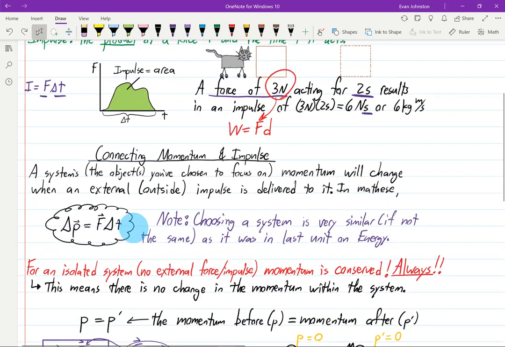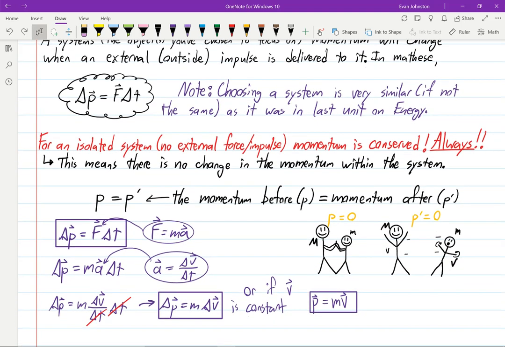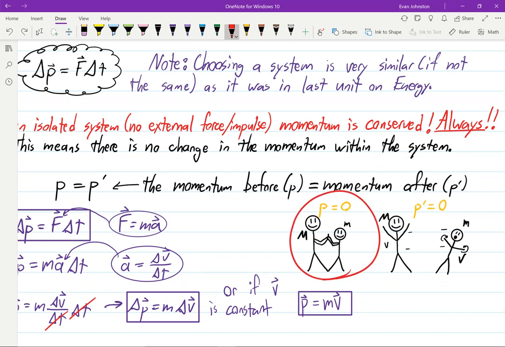I want to mention, though, that choosing a system is really important here. You can choose a system where momentum does change, or you could choose a system where that momentum might not change. Actually, let me show the example right now. Let's say that you're pushing against someone. You're playing this silly game where you're trying to push each other over, okay?